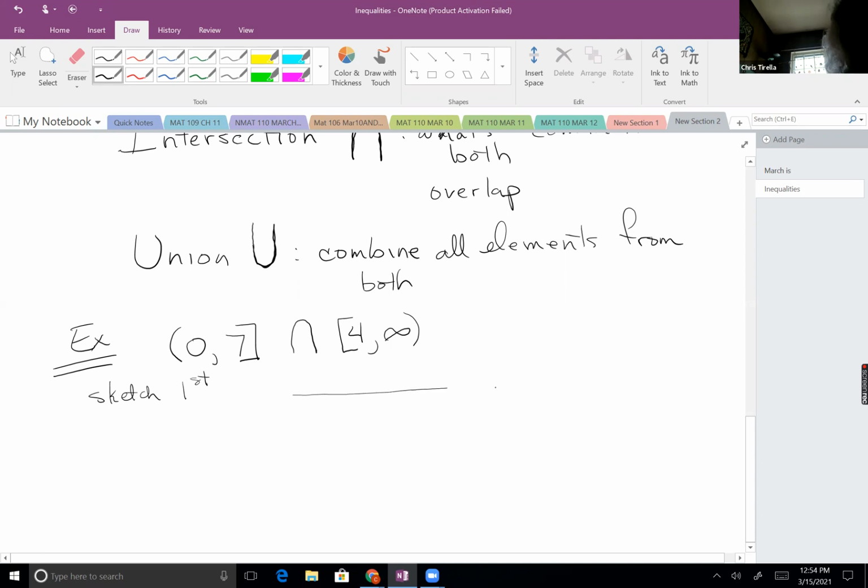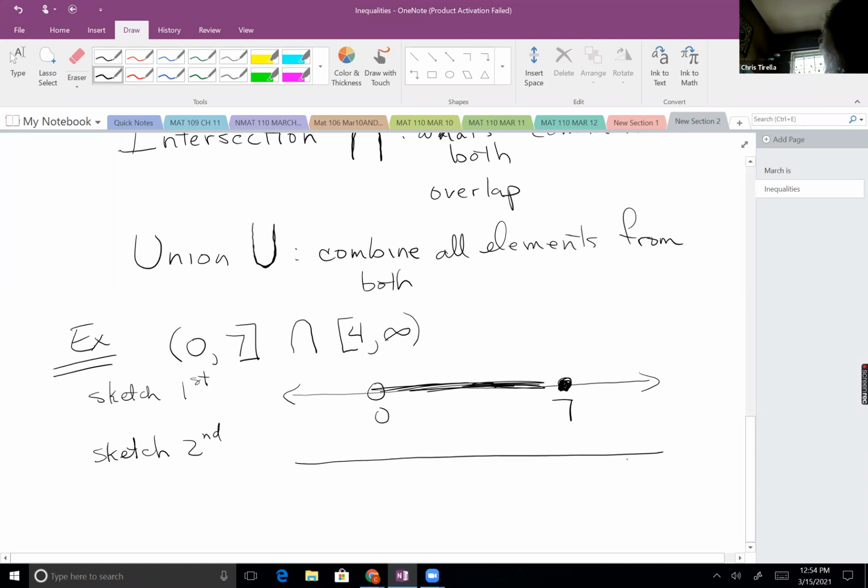The first interval would be going from 0 to 7 and everything in between. Then below it, I like to sketch the second interval. The second interval would be, let's see, probably want to put that 4 somewhere between 0 and 7. And it doesn't stop. So it keeps on going to the right.